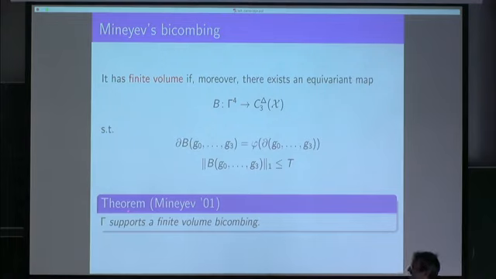And the theorem by Mineyev is that since gamma is hyperbolic, gamma supports a finite volume bicombing. Okay, this theorem should replace, in this coarse context, the fact that simplices in hyperbolic 3-space have uniformly bounded volume. This is basically the same statement.